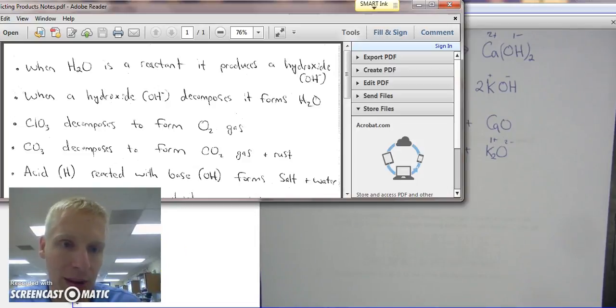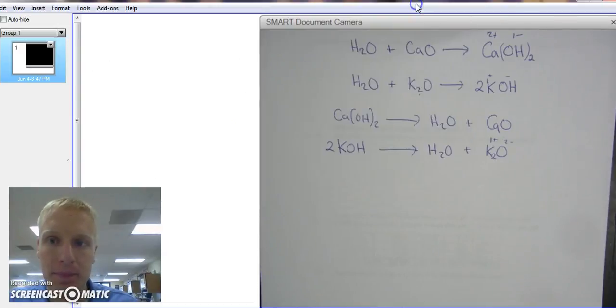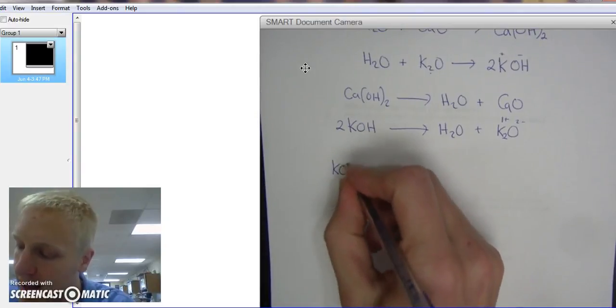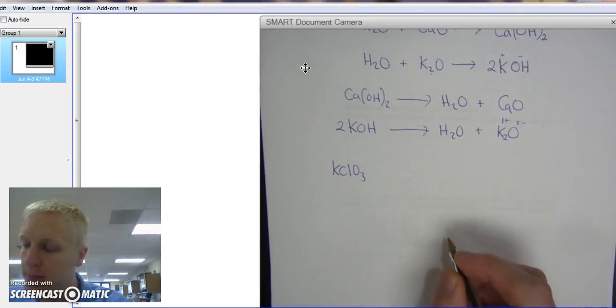Moving on to another type of problem. ClO3 decomposes to form O2 gas. So it decomposes to form O2 gas if you have a chlorate. Alright, doing an example, let's say we have KClO3.